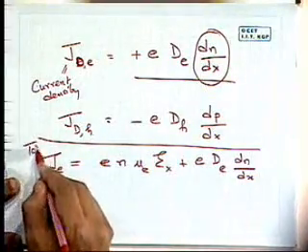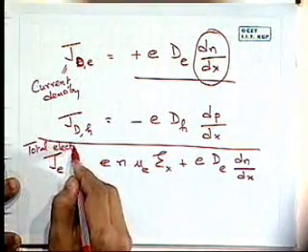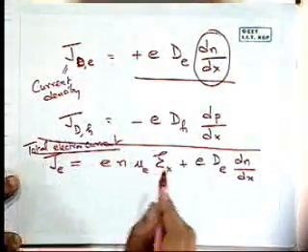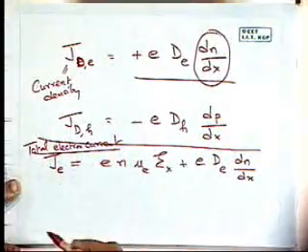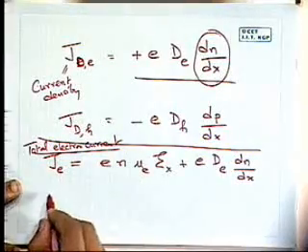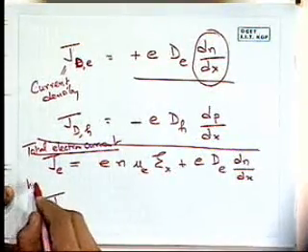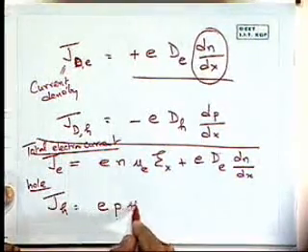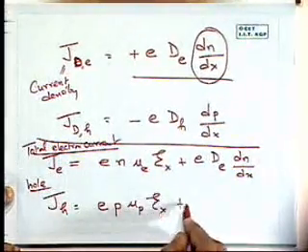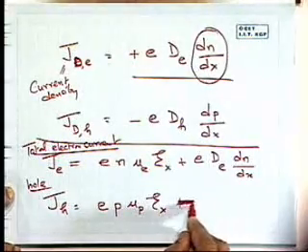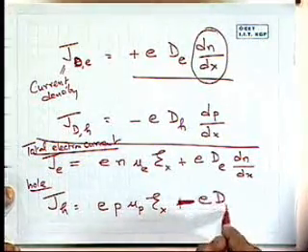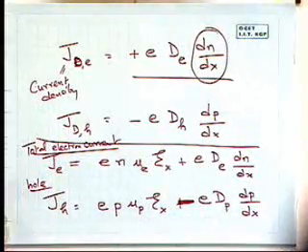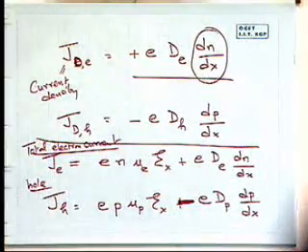This is the total electron current in the presence of an applied field if we have diffusional current also acting. Similarly, the hole current will be given by e p mu_p E_x plus, in this case, sorry, minus e D_p dp/dx.